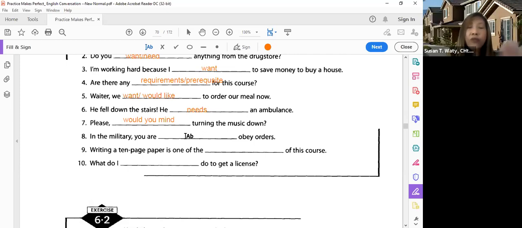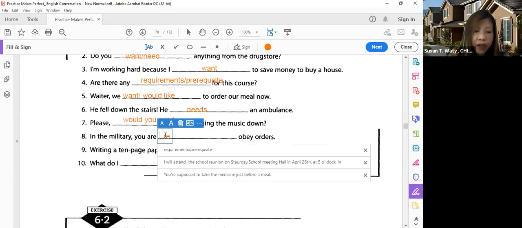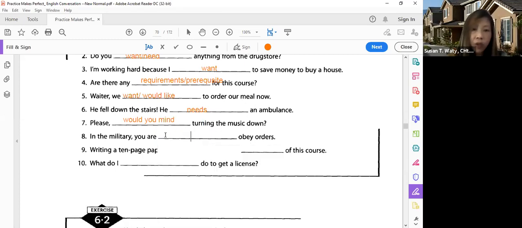So what you're gonna use is: in the military you are required to obey orders. You are required, because this has to be passive.